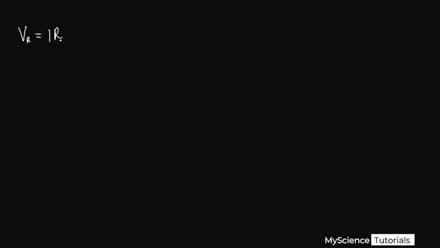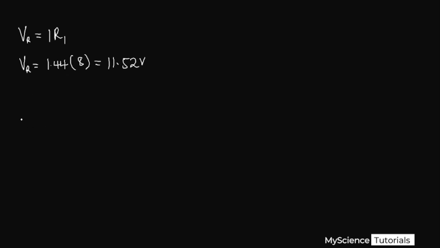So it is IR1. The voltage drop across the first resistor, R1, is equal to our current we saw earlier, which was 1.44, and then our resistor 1 is just 8 ohms. If we multiply that, we have 11.52 volts as our voltage drop across impedance 1.